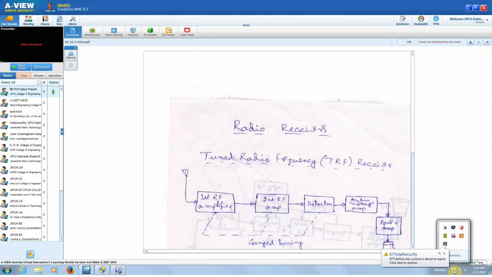So instead of directly going to the operation of the super heterodyne receiver, we will see the operation of a tuned radio frequency receiver and what all the disadvantages are, so that we can say these are nullified in the super heterodyne receiver.